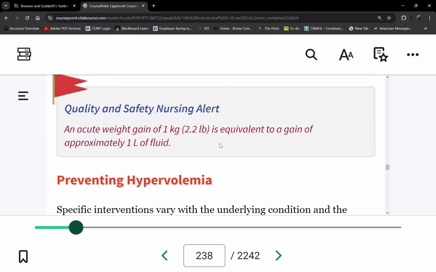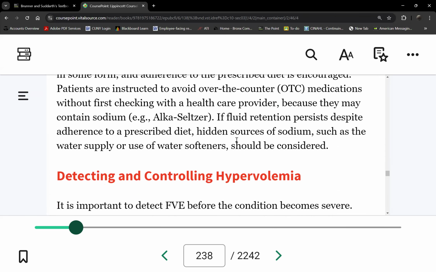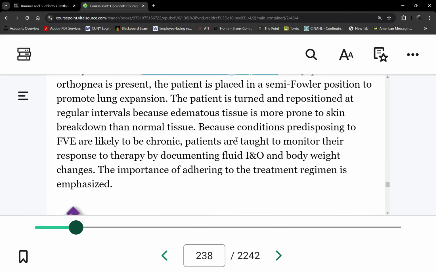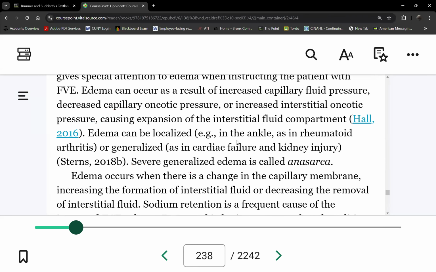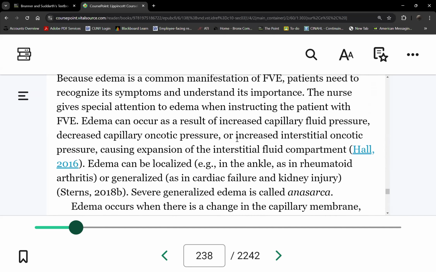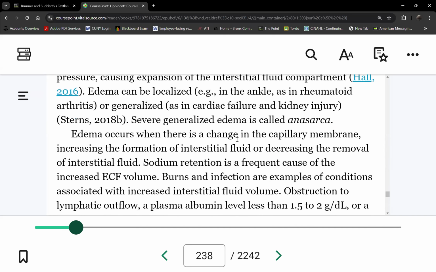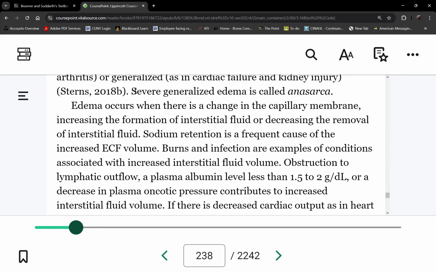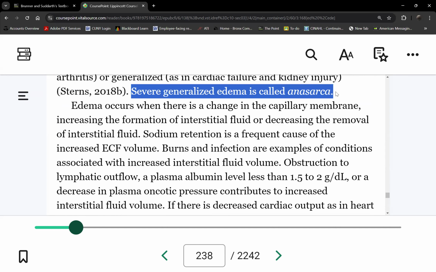All right, they keep mentioning this, so they keep repeating this fluid, this weight equivalent. And here's prevention, of course, which is better than the problem starting in the first place. Here's a term for head to toe edema or fluid overload, anasarca.